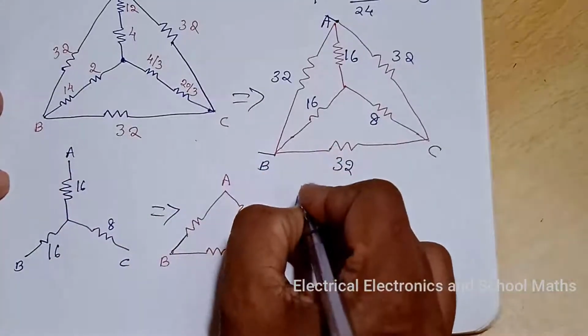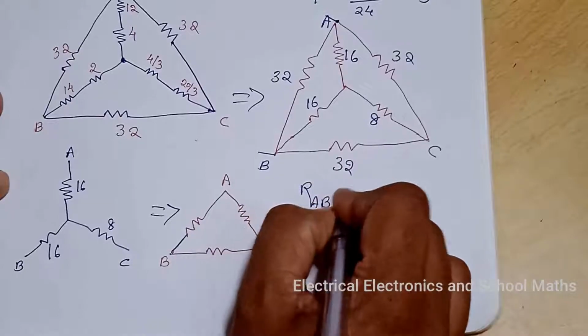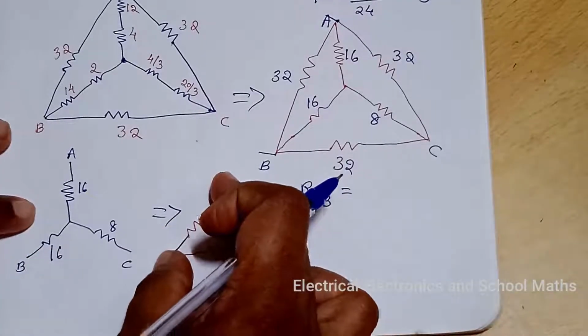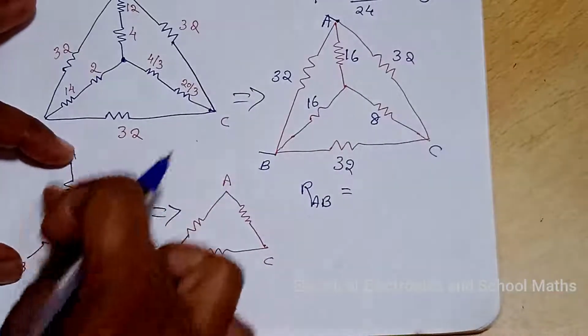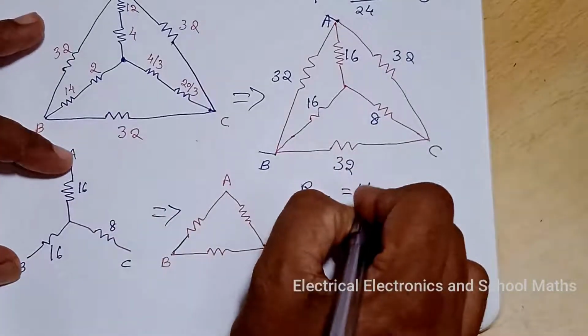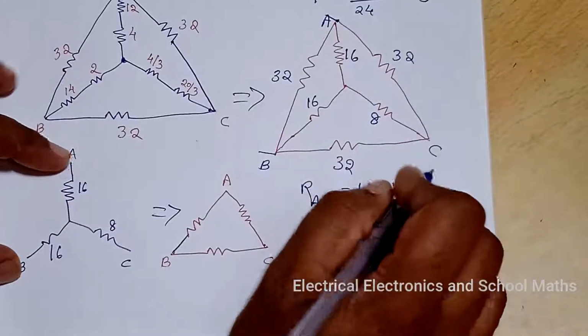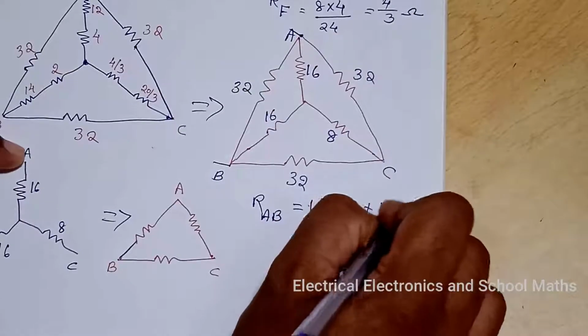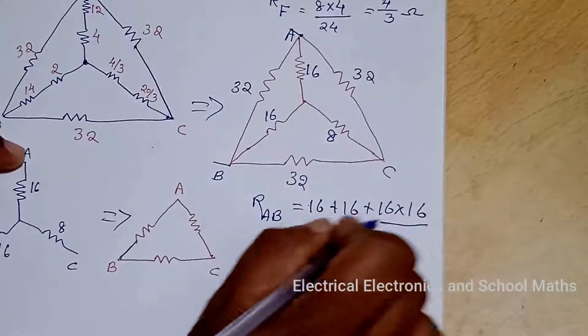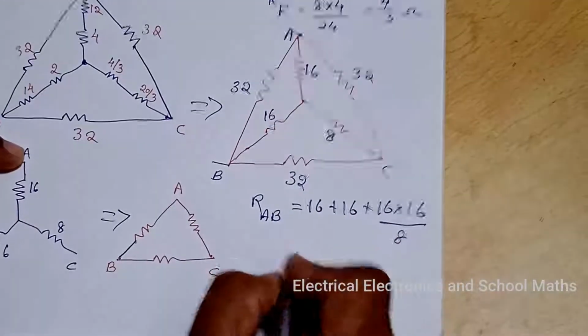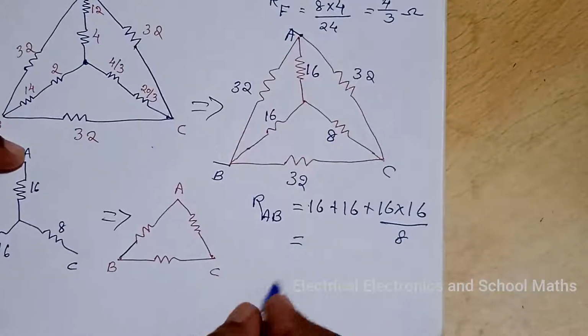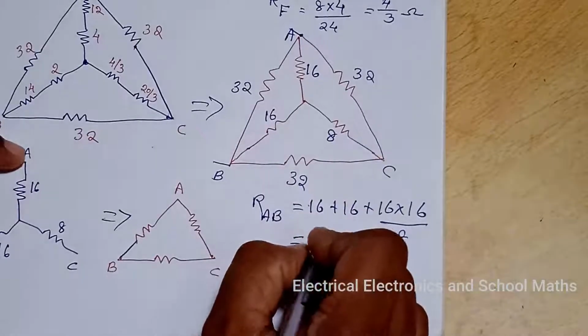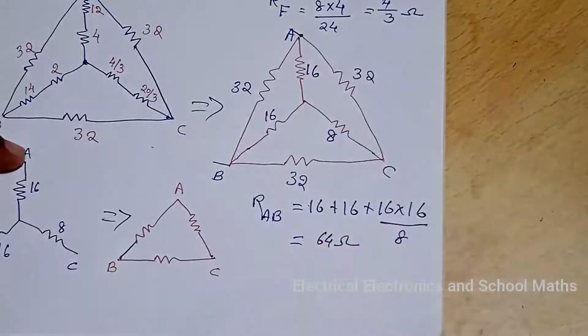That is RAB equal to 16 plus 16 plus 16 into 16 divided by 8, and we get 64 ohm.